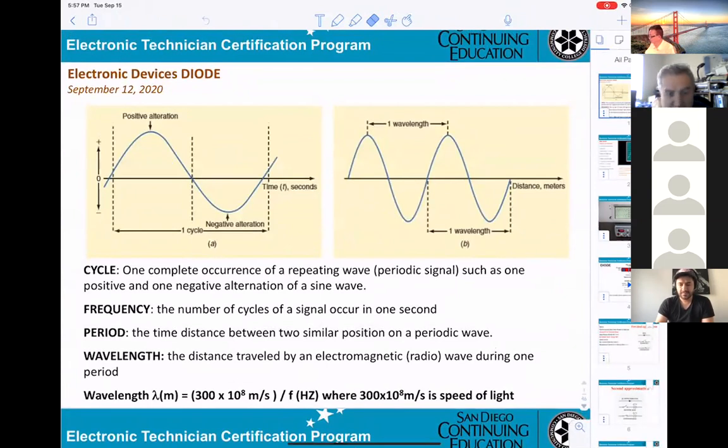Okay, so you see on the display, right? Electronic device. Okay, you get it. So this is the main thing for your tech one.